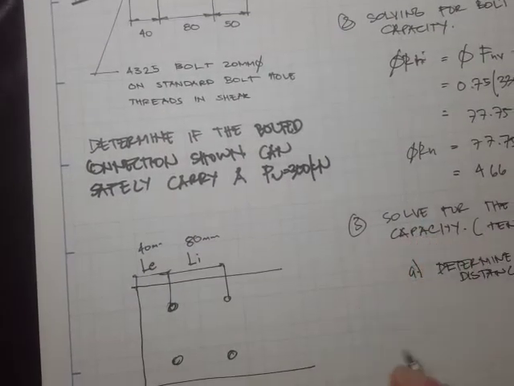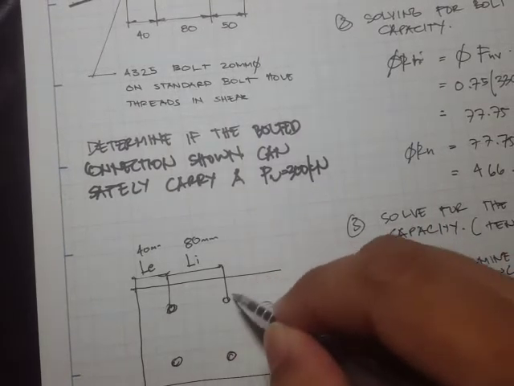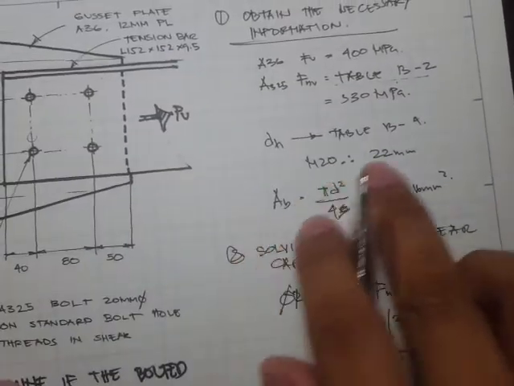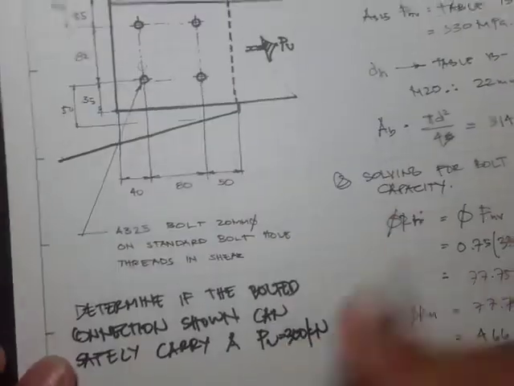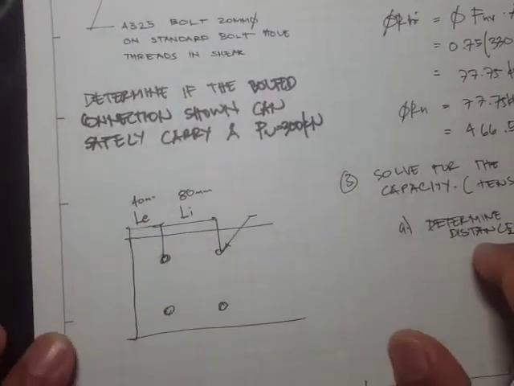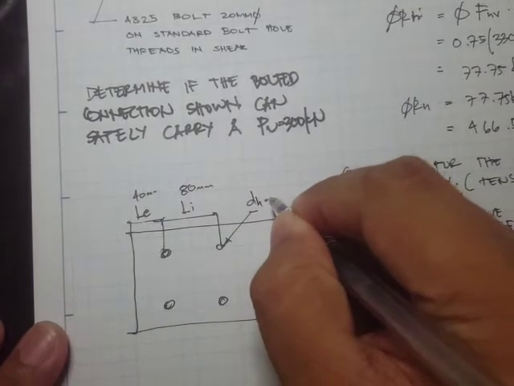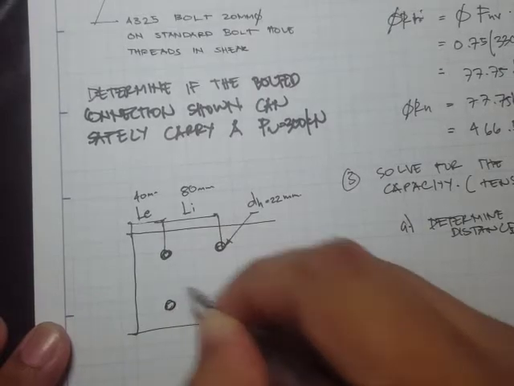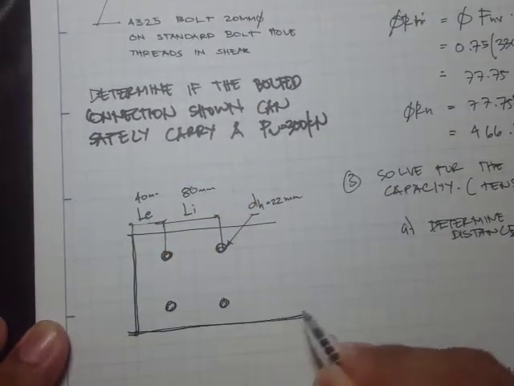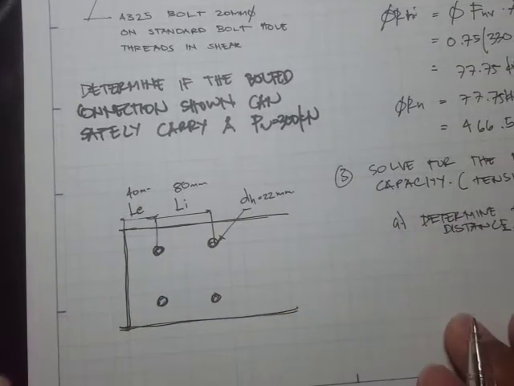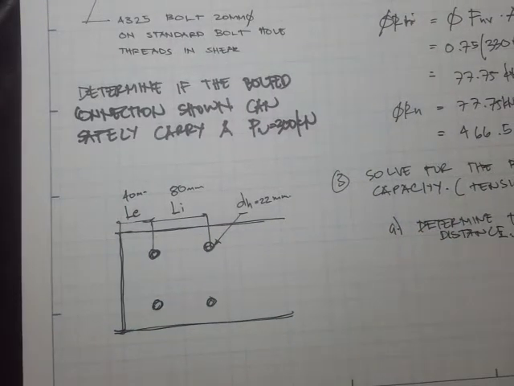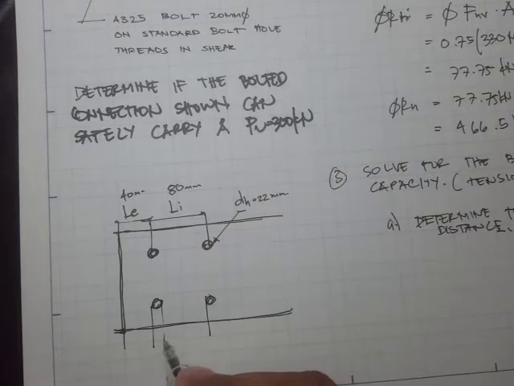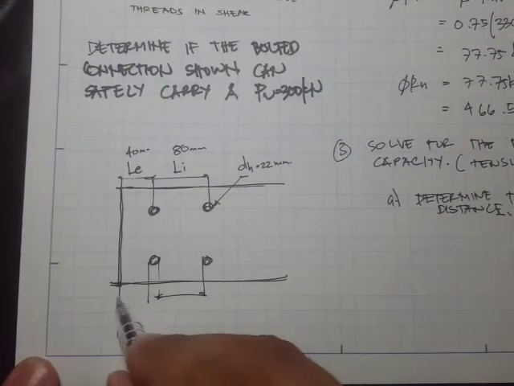Okay, what else? The bolt hole diameter is 22 mm. Let's write it here: bolt hole diameter is equal to 22 mm. So the clear distance is either this one or this one, and we have to check whichever is the minimum.